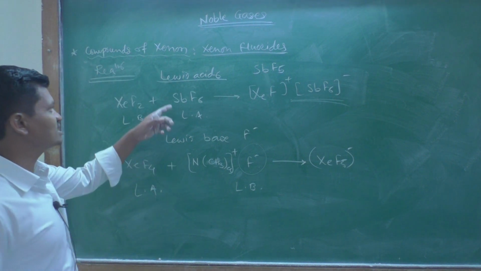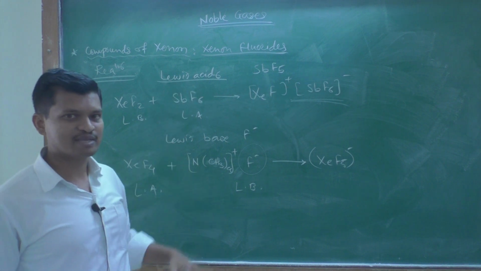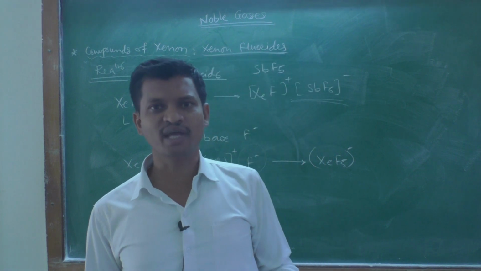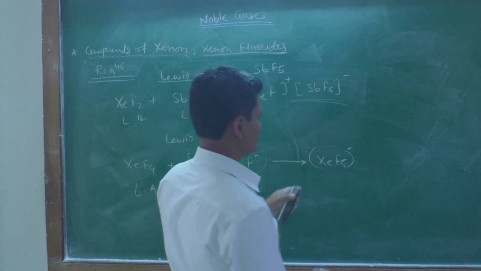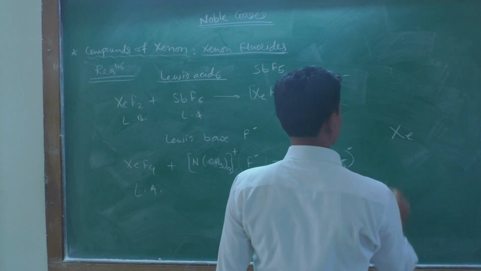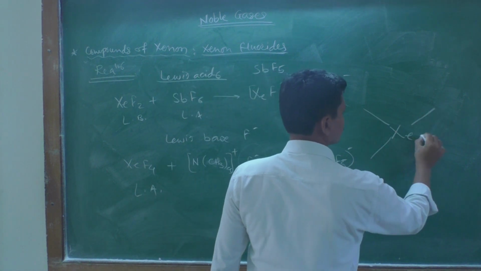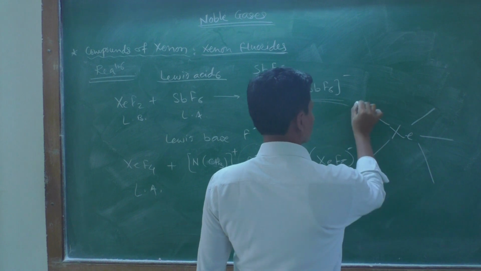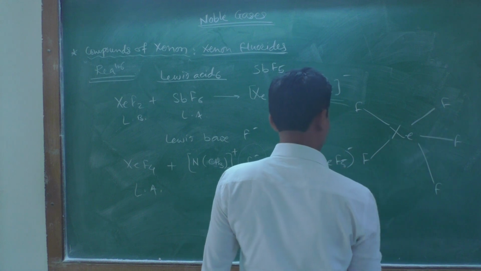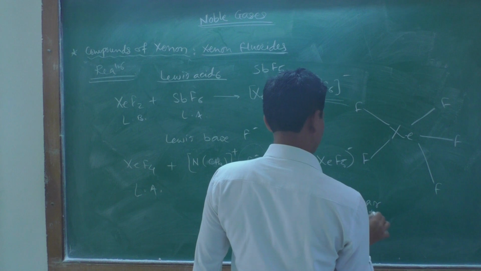So both these reactions, showing the ability to react with Lewis acids and bases, are similar to that of the interhalogens. The structure of this XeF5 minus is like this. Five fluorine atoms are in a plane, so that's why we call it planar pentagonal geometry.